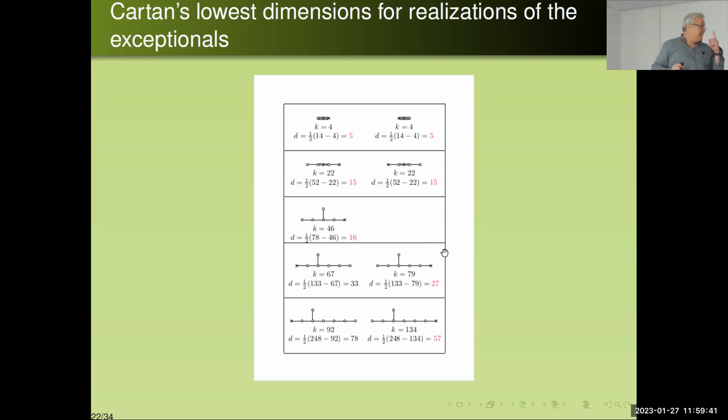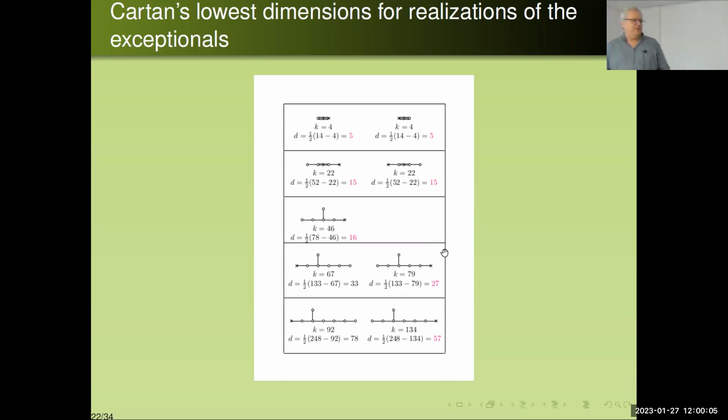So there is only one, as Cartan says, realization of E6 in dimension 16. There is only one realization of E7 in the lowest dimension 27, because if I make this cross, the dimension will be 33. And there is one realization of E8 in dimension 57 if I take this cross. So it is how you get these numbers from Cartan, okay?